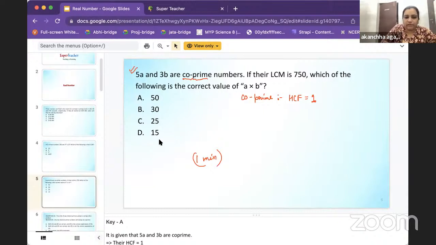The law that we'll be using over here is the same, that HCF times LCM is equal to the product of numbers, right?